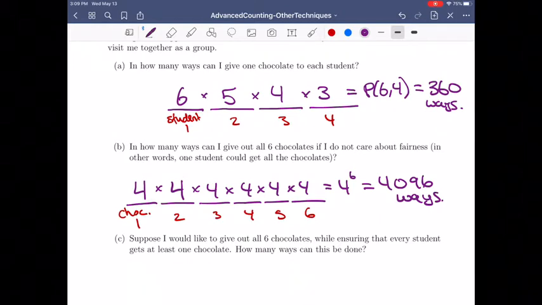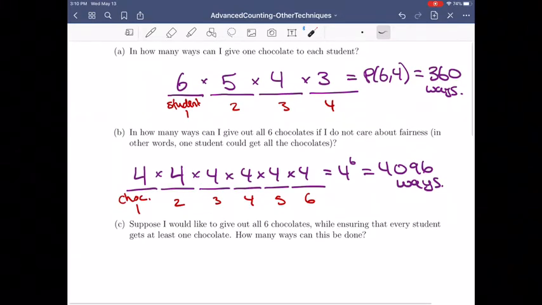Okay, so the idea here is that each student was getting something, and here I'm giving out the 6 chocolates, but I don't care who gets what. But in order to complete the task, I have to give out all the chocolates. In the first way, in order to complete the task, I have to give a chocolate to each student. Okay, so that's sort of how I'm breaking it down. So I want to think, what do I actually need to do in order to complete the task?